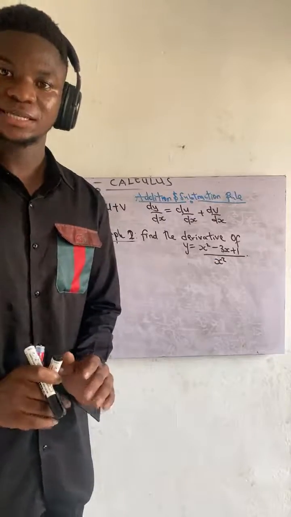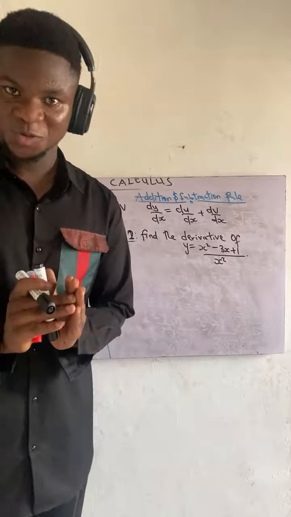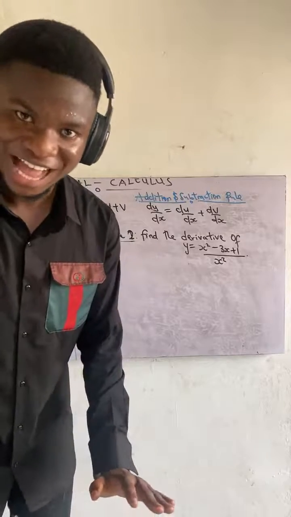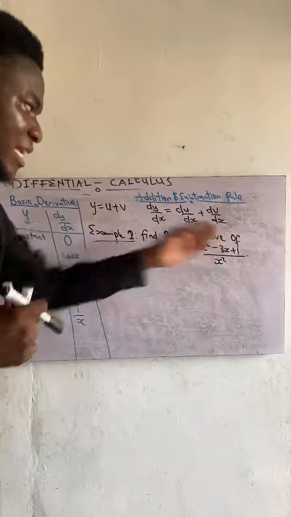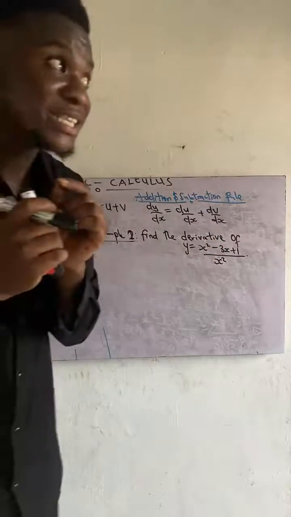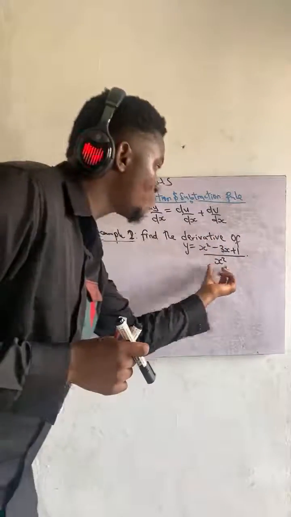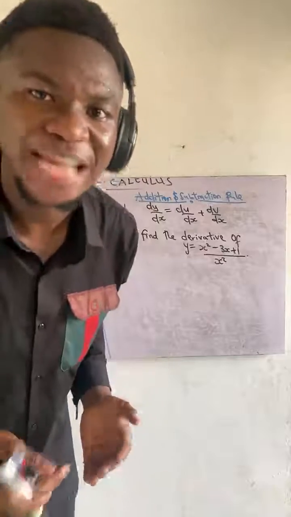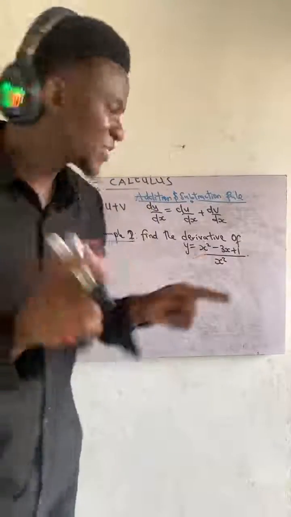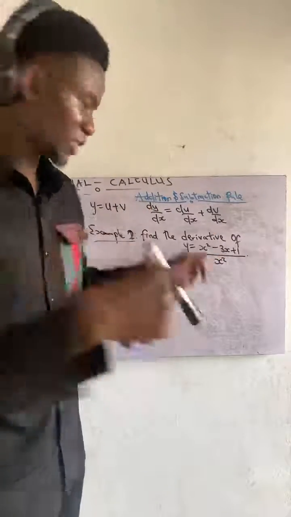Don't be scared. What you have to do is just calm down. If you check this expression, you can use the denominator to simplify the expression. How can you use the denominator to simplify the expression? Check this out.